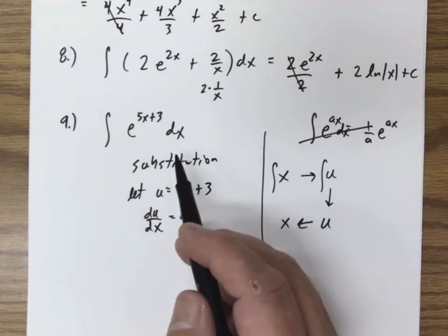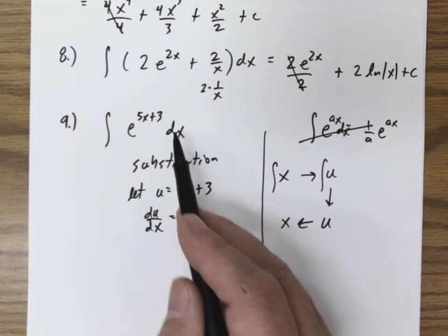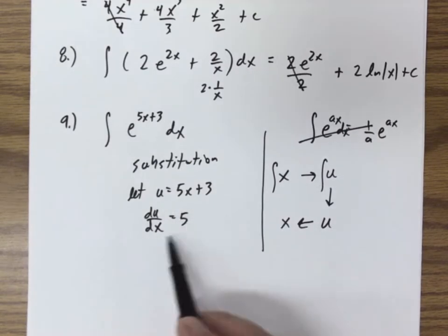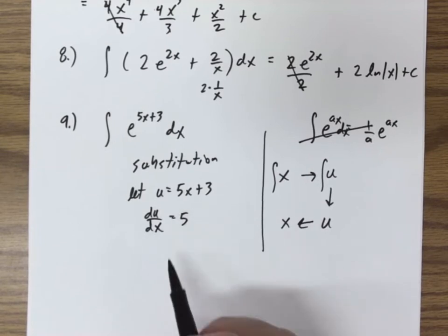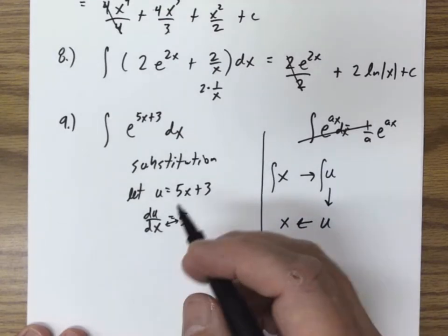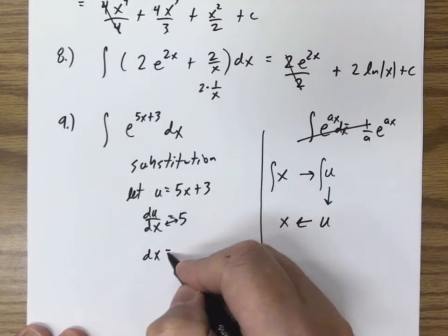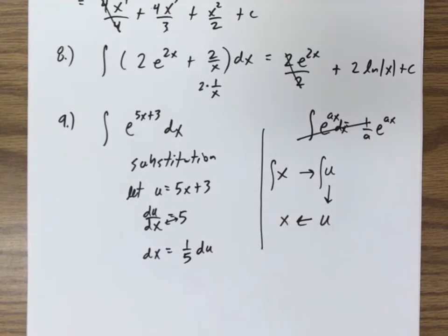But because eventually I want to try and substitute or get rid of this dx, I want to take this little equation here and solve it for dx. In other words, to get dx by itself on one side. Normally a quick little shortcut is you can just swap these. And you end up with dx equals 1/5 du.